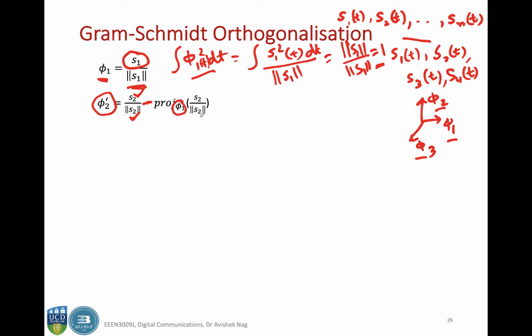So what does this mean? This means that you have first defined phi1. So if your signal S2 has any component along the phi1 axis, you are subtracting that component from S2 divided by the norm of S2, and that is your phi2 prime.